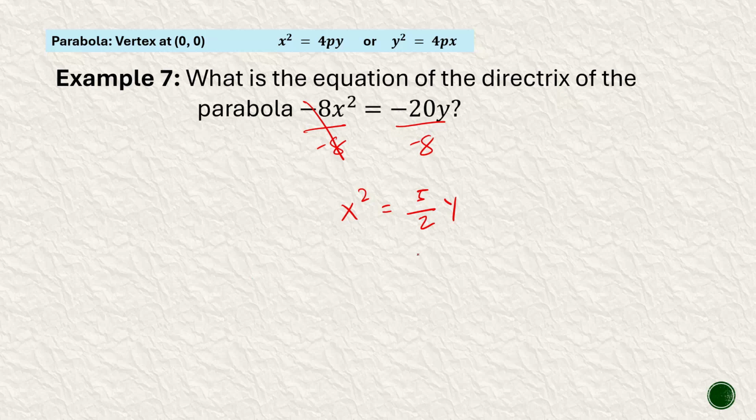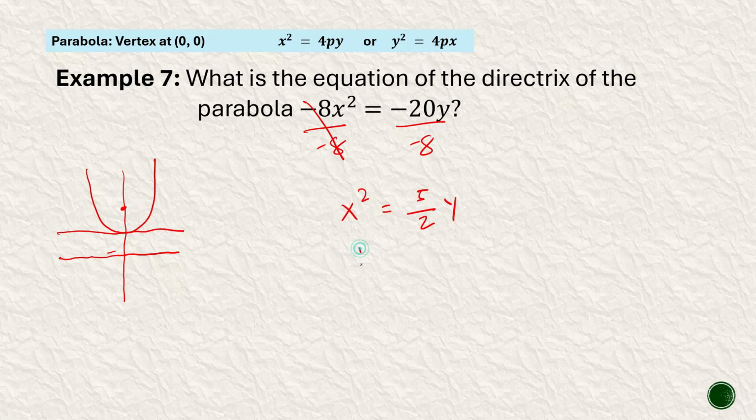Okay, 2.5. Now the next step is to find the p. By the way, before we do that, this parabola opens upward. How will we know that? The one with the square is x, and on the right side it's positive. So it's going to be like this. So our directrix is down here. The focus, we don't need that, but just to give you additional information, that's going to be the one on top.